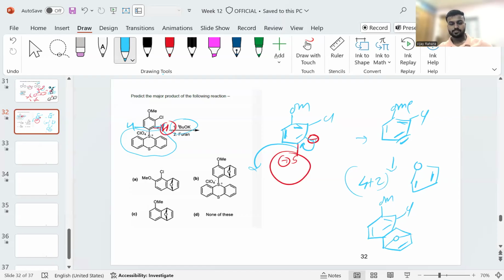So this is the product we get. So option A is the correct option here. This question I think we have covered already.